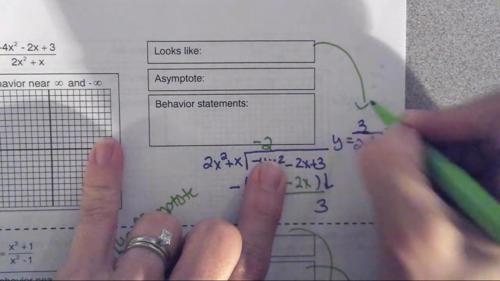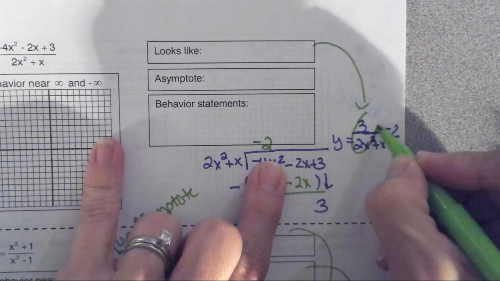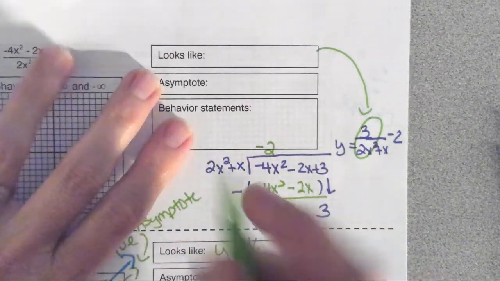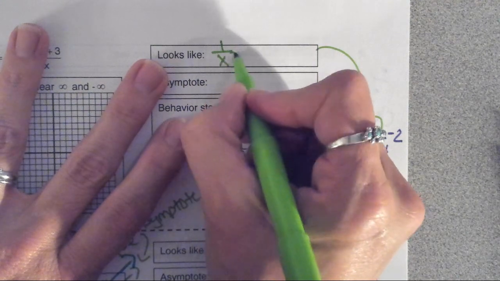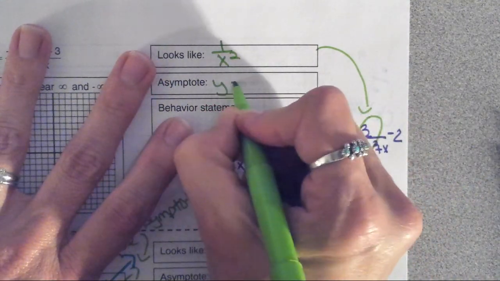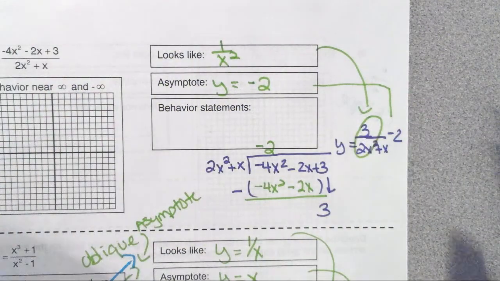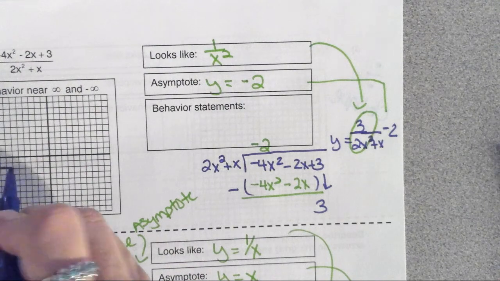So this piece right here is what I need to take the leading coefficients and reduce. So if I reduce that, I get 3 over 2x squared. And again, the 3 and the 2 aren't important, so it's going to look like a 1 over x squared. And then I'm going to have a horizontal asymptote at negative 2. So I'm going to go put me a horizontal asymptote at negative 2.